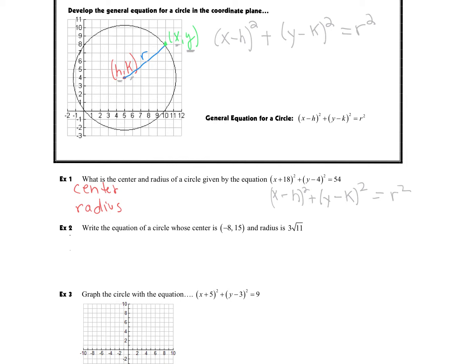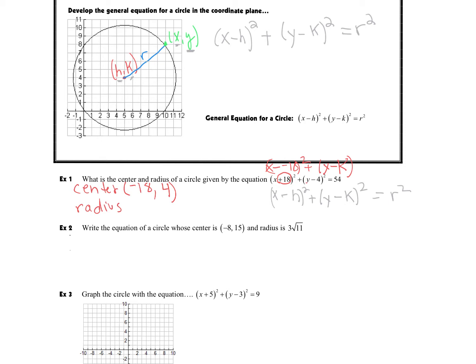Looking at the center, this x plus 18 came from x minus a negative 18, and that tells me that the h value of the center is negative 18. The y minus 4 is y minus the k value, so our k value is just 4. So that's the center of our circle.